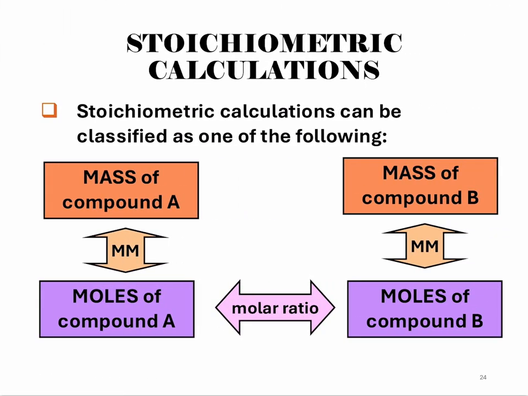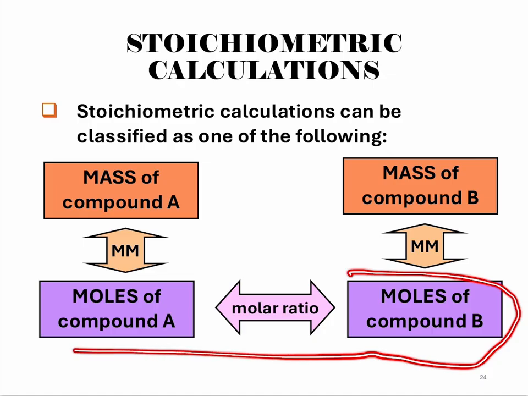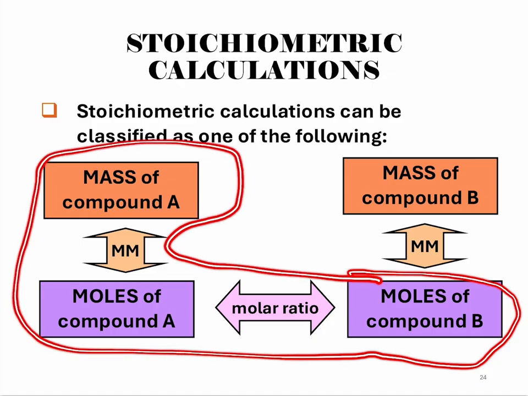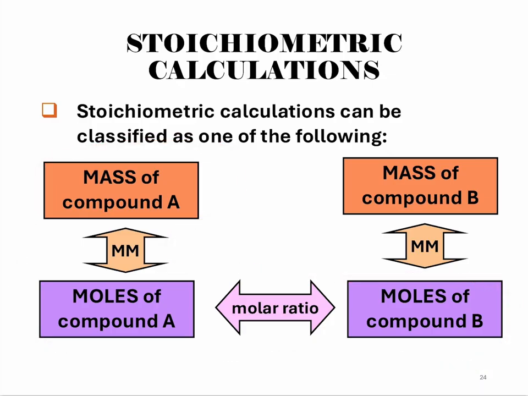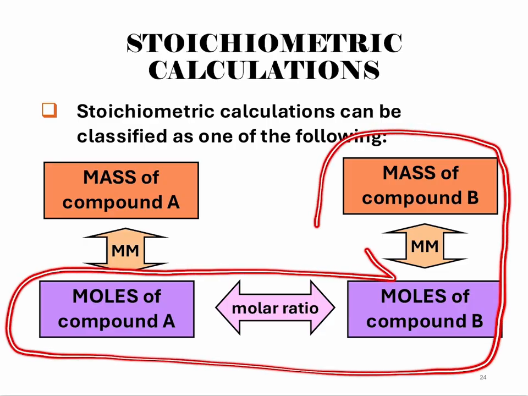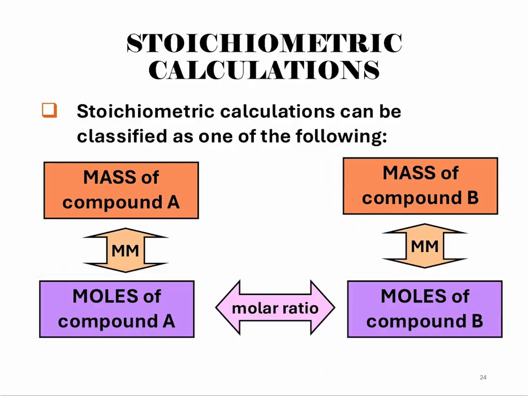Okay, so what are these types of conversions we do? Usually, we do one of these 4 things right now, because we don't know what concentrations are, and we don't know what pressures are. So we can only go from the mass of one compound to the mass of another, or any variation of this. If we just wanted to find the moles of compound B from the mass of compound A, that would be our pathway. If we want to find the mass of compound B from the moles of compound A, that would be our pathway.